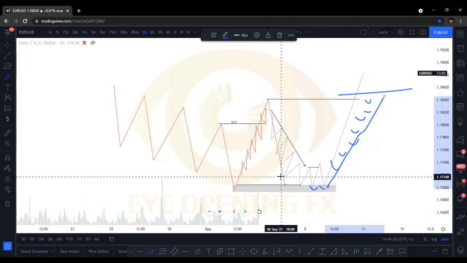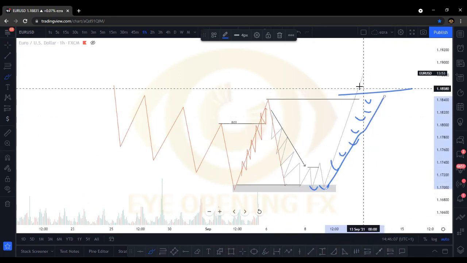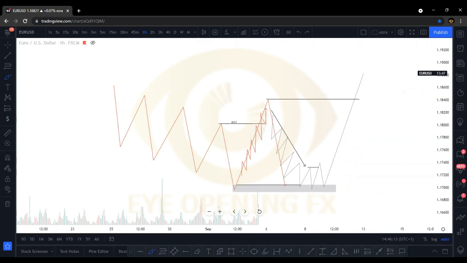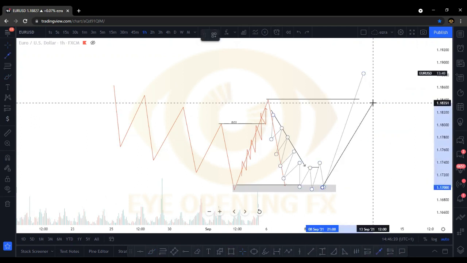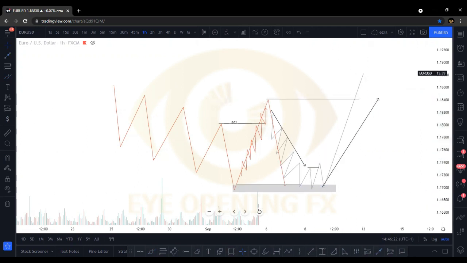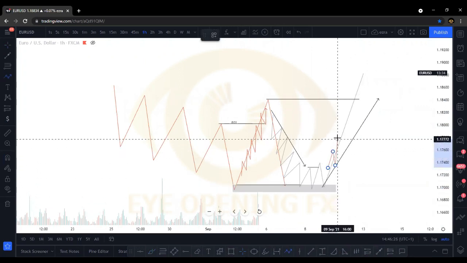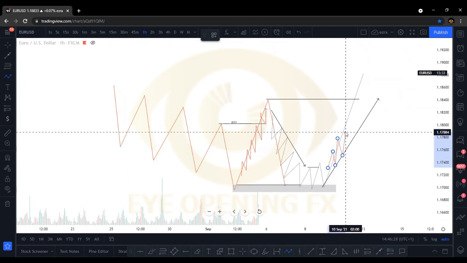So we always look to join the buy. This is our general idea of structure. Be you an intraday trader or a scalper, once you're able to know that the market will be buying from this area, your main idea as a scalper should be being able to join a scalping move.